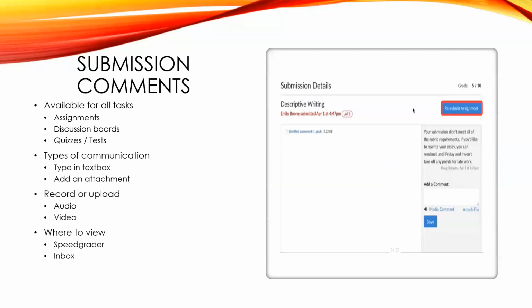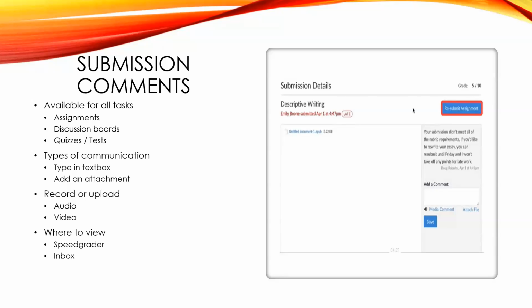So this is what the submission section looks like. And submissions are available on all tasks, whether it's an assignment, a discussion board, or a quiz and test. In your speed grader, you can see these comments, or again, in your inbox where we talked about it. So as you can see, you have a text box and you could just simply type in that, or you can attach a file, but you can also make a media comment as well.